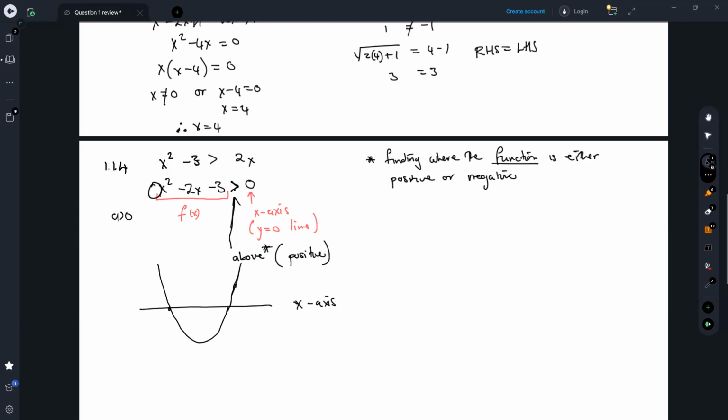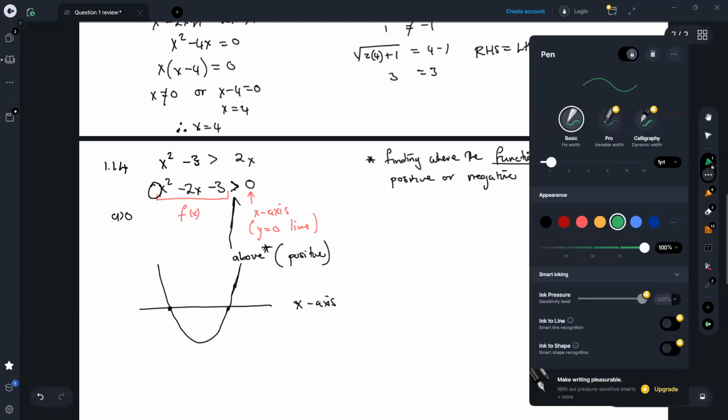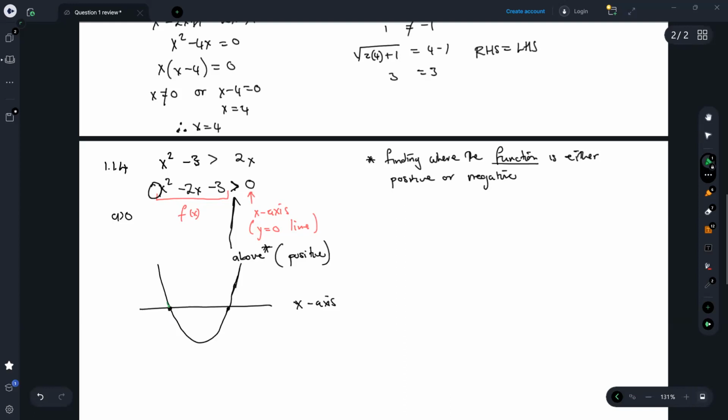And now let's go back to the idea that we're finding where the function is either positive or negative. So here we have f of x is greater than 0, meaning that f of x is above the x-axis, or the y equals 0 line in this case. So you and I can notice that the function is above at this point here, starting from this point, going up like that, right?